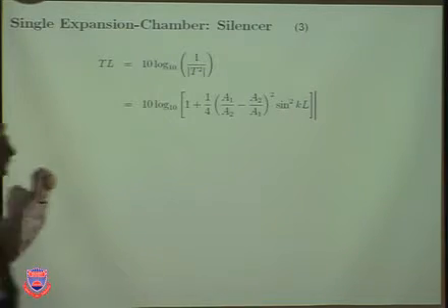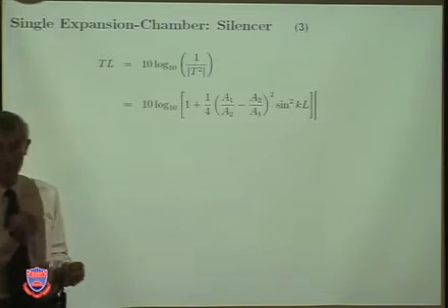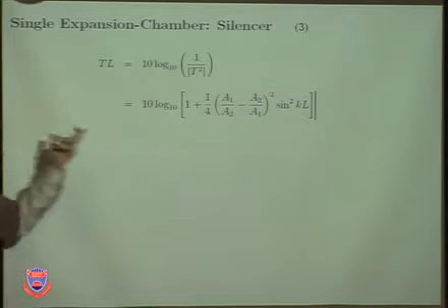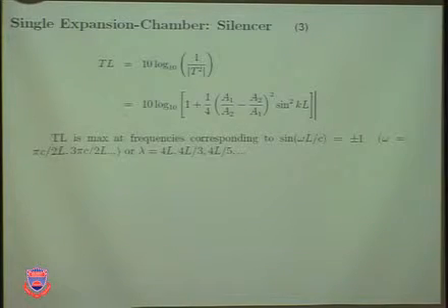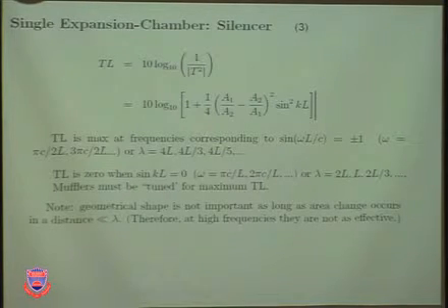There are two different things that go on here. Number one, this is valid for a particular frequency, okay? Whereas this is in general terms. And there's also the practicality too. So the transmission loss is maximum whenever sine KL is plus or minus 1. And it's 0 when obviously it is equal to 0.